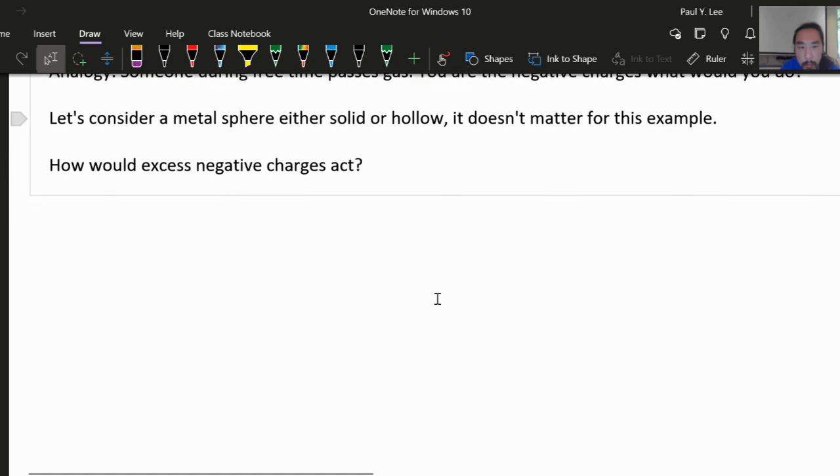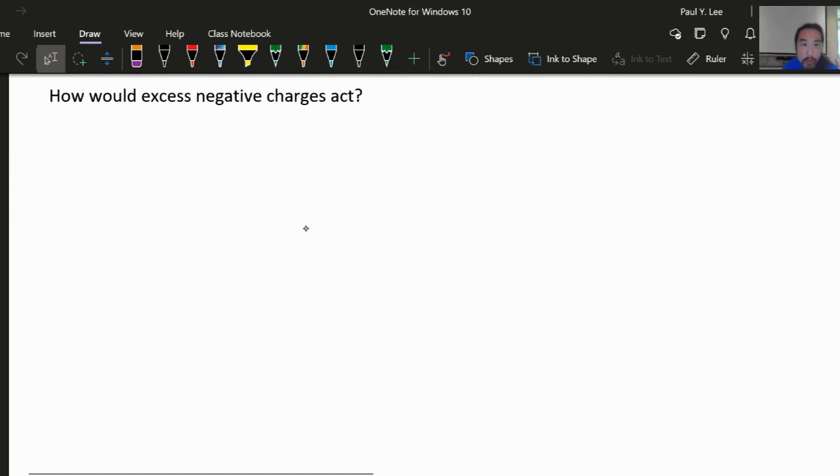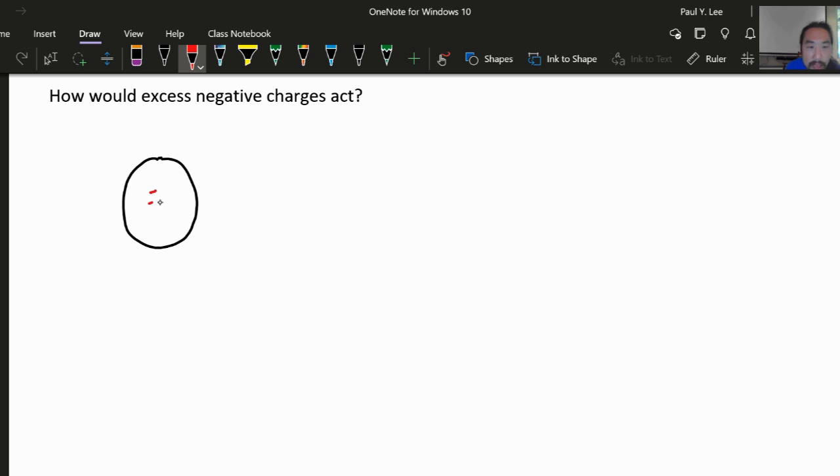Now that we have that analogy, let's do a quick sketch. It doesn't matter if it's a hollow or a solid sphere. Let's say we have a metallic sphere, and we deposit on that sphere a couple of negative charges towards the middle. Here's the important thing: because charges can freely move, the negative charges will be as far away as possible.